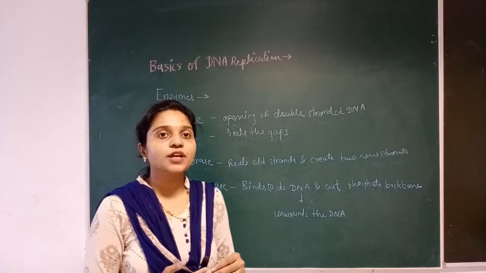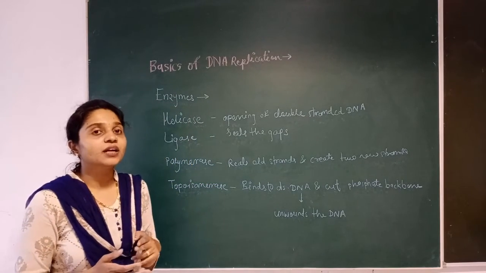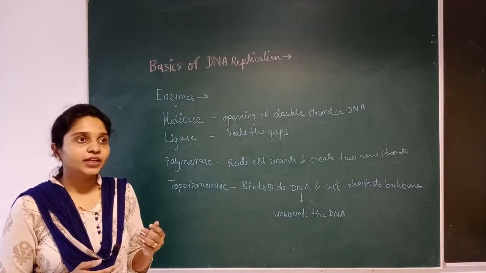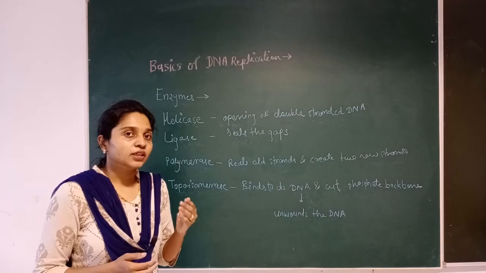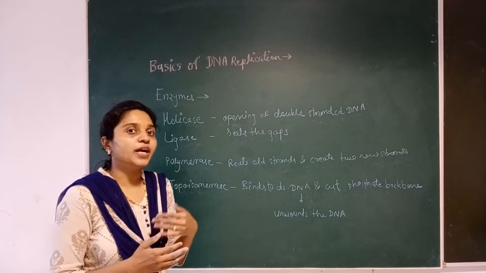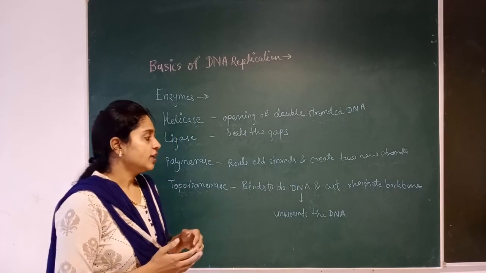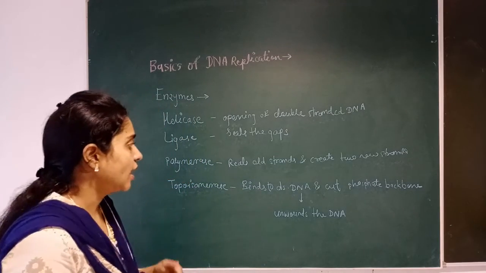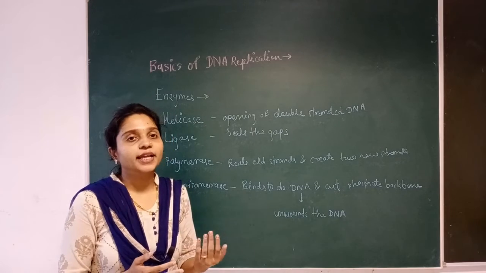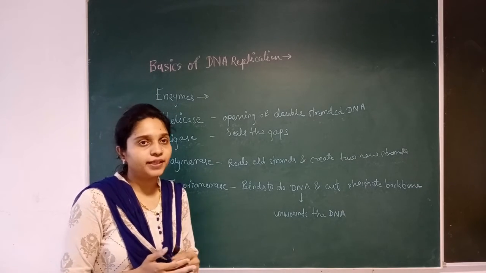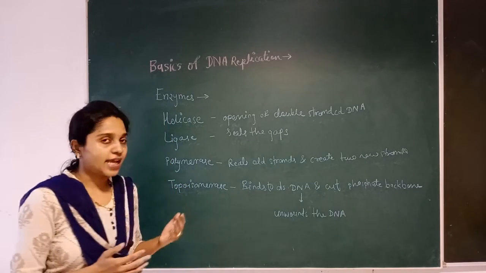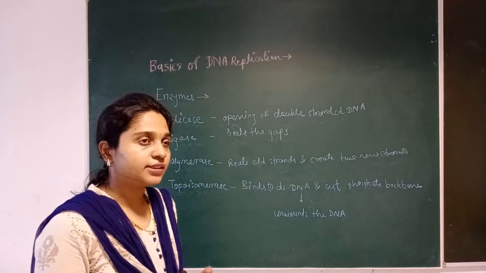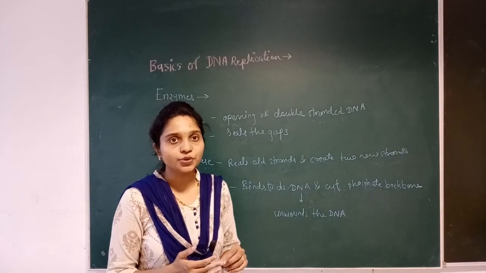It binds to double-stranded DNA and cuts the phosphate backbone, which helps the DNA to be unwound, so the DNA becomes stress free for unwinding, and rewinding is prevented. These enzymes are required for the replication process in prokaryotes and in eukaryotes.